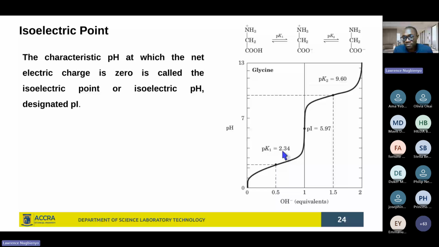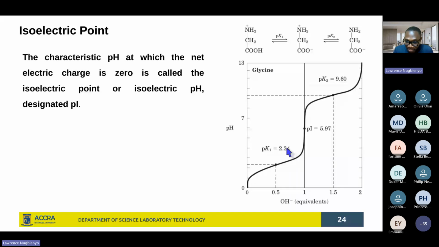Now, a pK value shows the ability of a molecule to give out hydrogen ions, the ability of it to allow for the dissociation of hydrogen ions from it. And the lower the value, the higher the ability of the molecule to give out hydrogen ions. And we see that here you have a pK1 of 2.34.